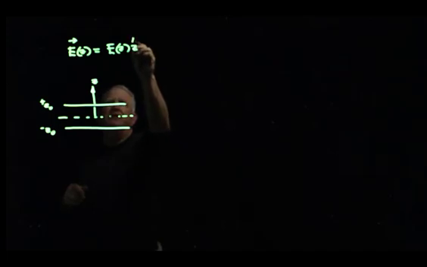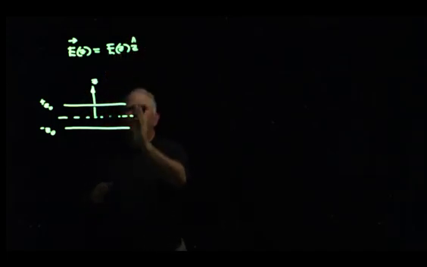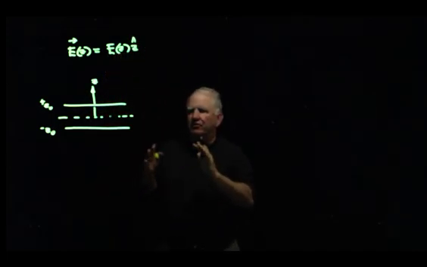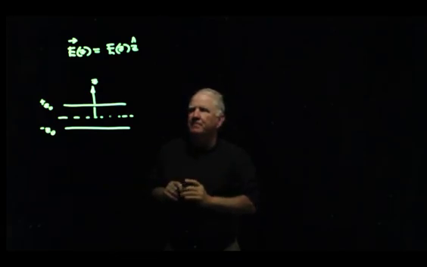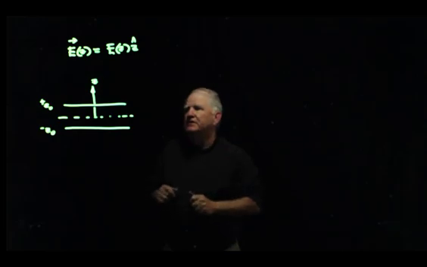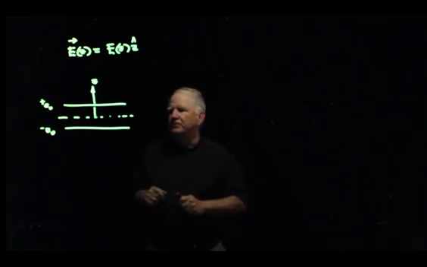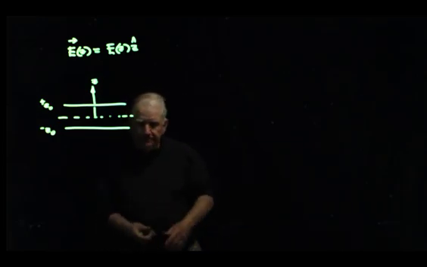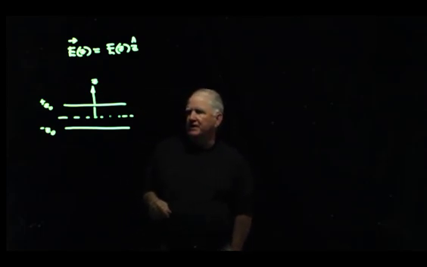It's always in the z direction. The electric vectors are always, in this picture, vertical. And so that's going to give us some idea about how to choose the Gaussian surface. Let me do that right now.